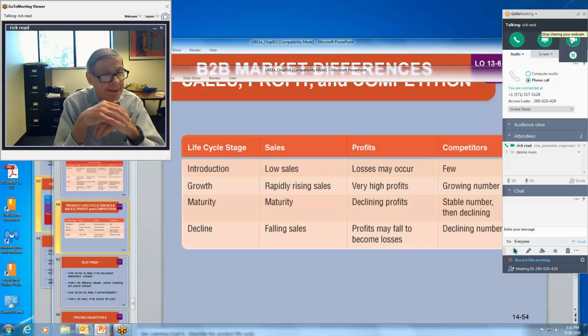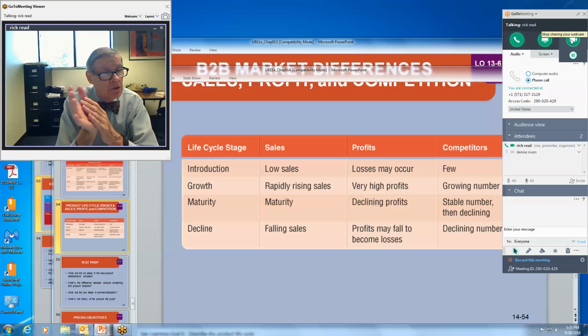Notice the big opportunity in introduction over at the far right. They have few competitors. In growth, however, you're going to get more competitors, but notice you have high profit.